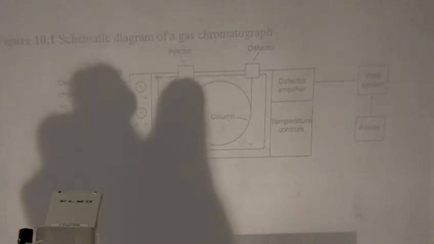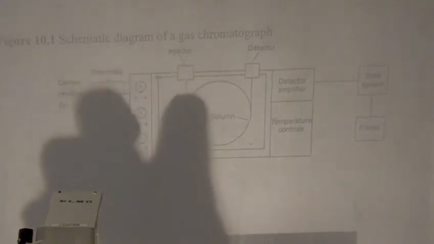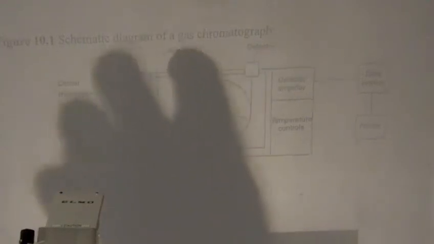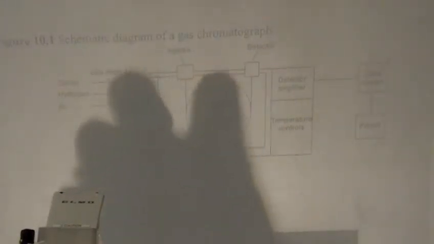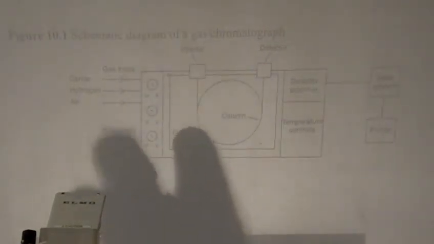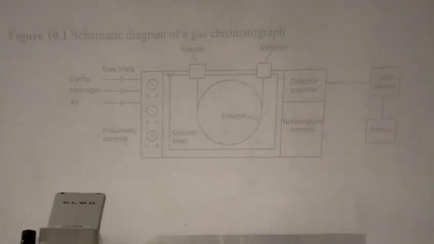So things get vaporized, get onto the column, then they're traveling through the column, and as it's being heated, they are going either faster or slower based on whether they have been volatilized or not, all right? And this column in the instrument doesn't look like it's that big, but it's actually wound up into a loop. It's like 29, 30 meters long.